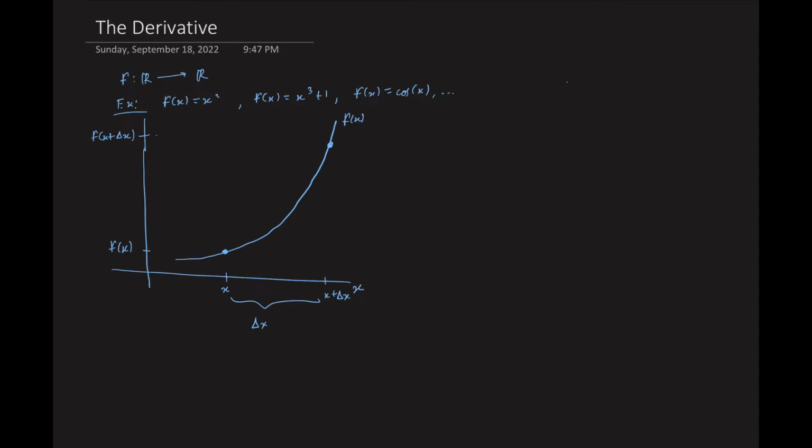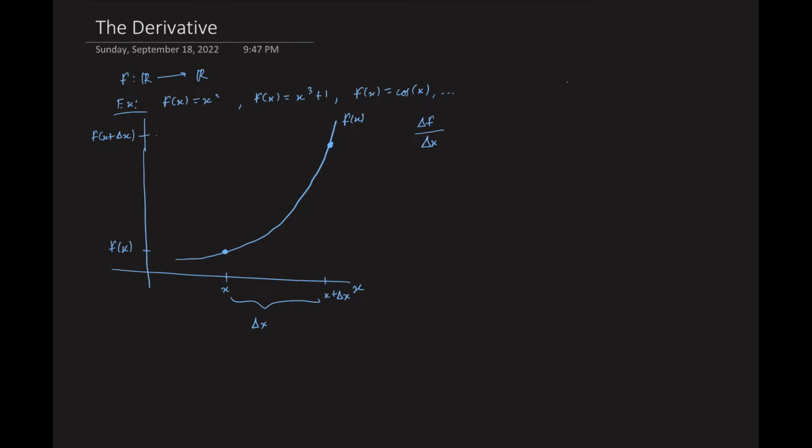So those 2 points. And we would want to know what the rate of change of f is across these 2 points. Well, the rate of change of f across these 2 points is just the ratio of the change in f to the change in x. We write that as delta f over delta x.